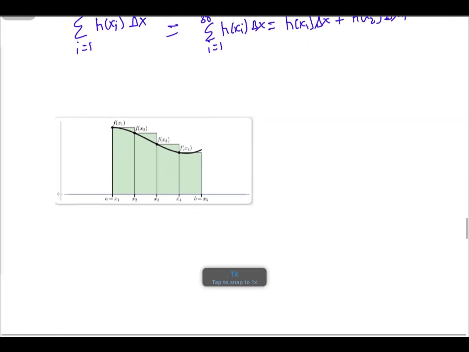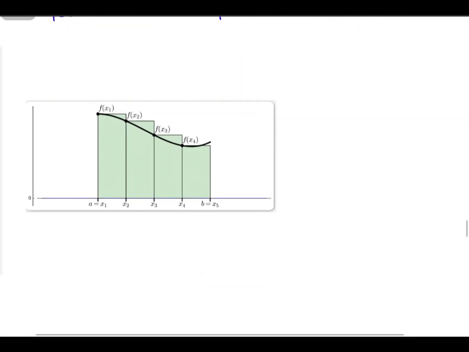When you see this graph, you can see that the change in x here is equal to b minus a, with a here and b here, over n, where n is equal to the number of approximating rectangles.